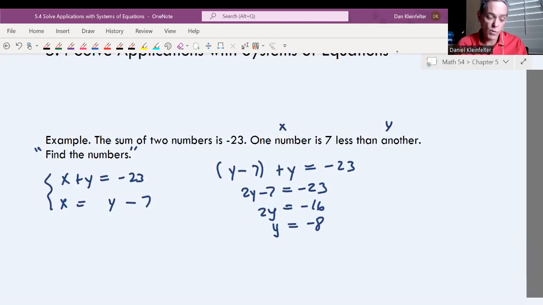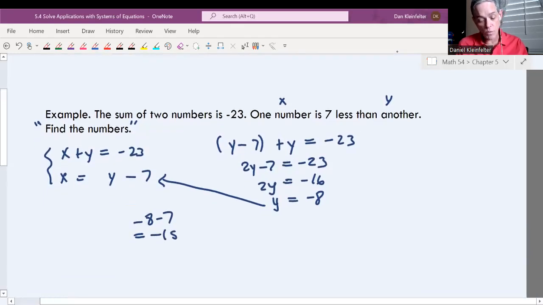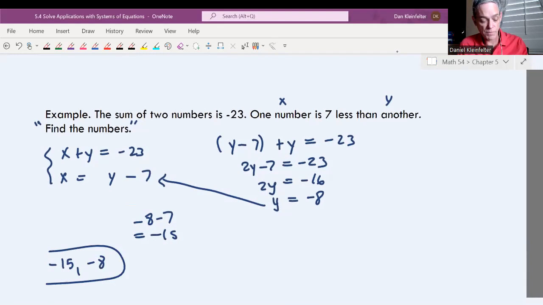Once you know the value for one variable, you substitute to get the value for the other. Here, we're told that x is y minus 7. So negative 8 minus 7, that's negative 15. So one number is x, that's the negative 15. So negative 15 and negative 8 are our two numbers.